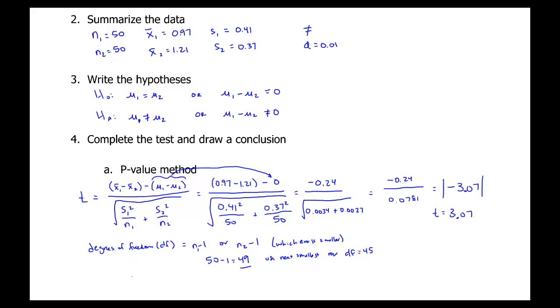So if t is 3.07 and we're going across the row of degrees of freedom 45, what you'll see is that our t that we calculated, the test statistic, is greater than the t in the table of 2.690. And then if you go up to the top of that, the p-value that corresponds to 2.690 is 0.01.